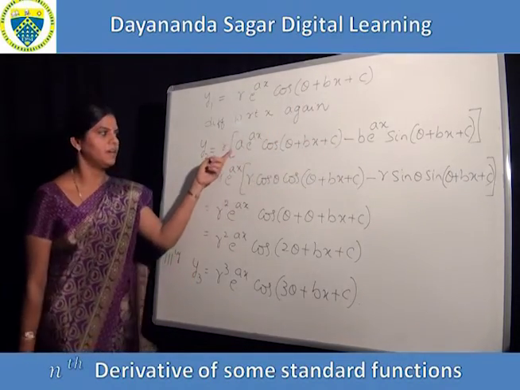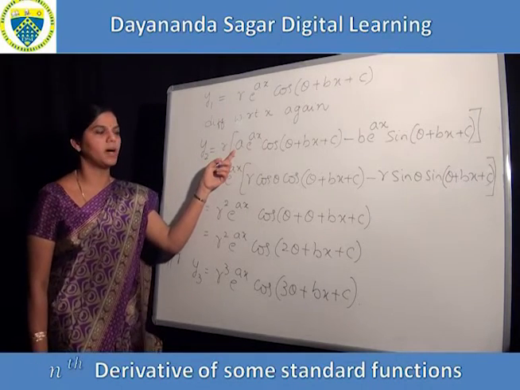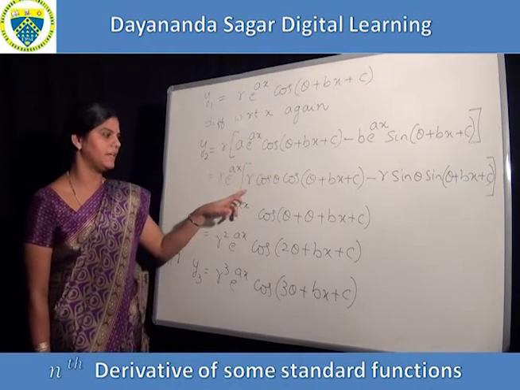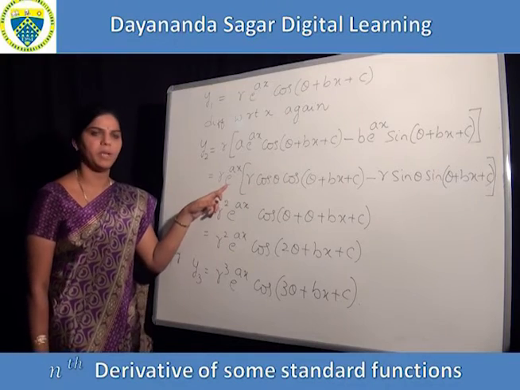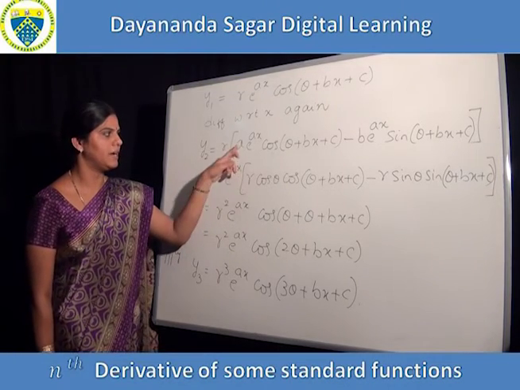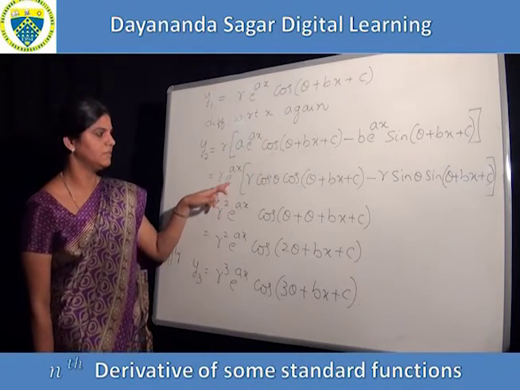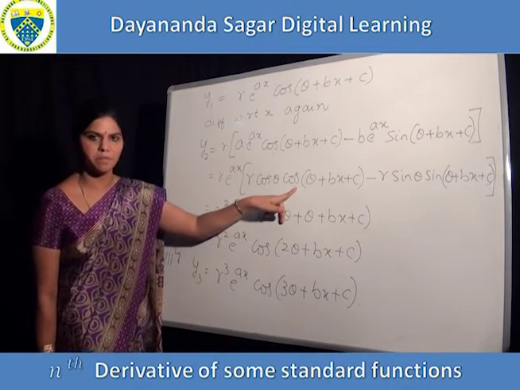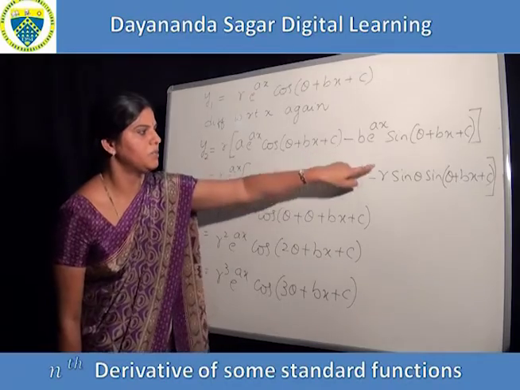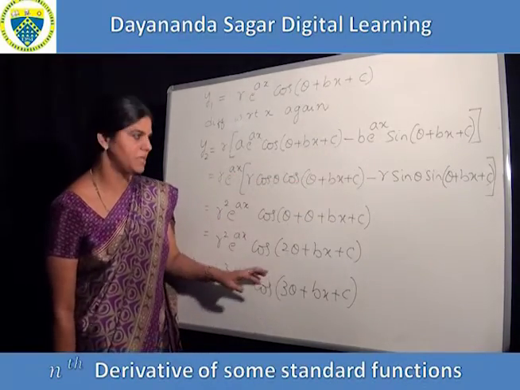So once again, we substitute a equal to r cos theta and b equal to r sin theta. So we get r into e power ax into r cos theta, substituting for a, e power ax taken out as common factor, then cos of theta plus bx plus c minus r into sin theta into sin of theta plus bx plus c.